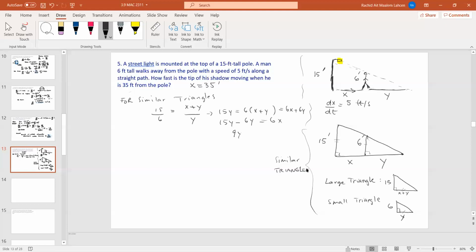So 9y equals 6x. So y is 6 over 9 x, which means y is 2/3 x. So that's the connection between this part and this part. So the y here is 2/3 x.